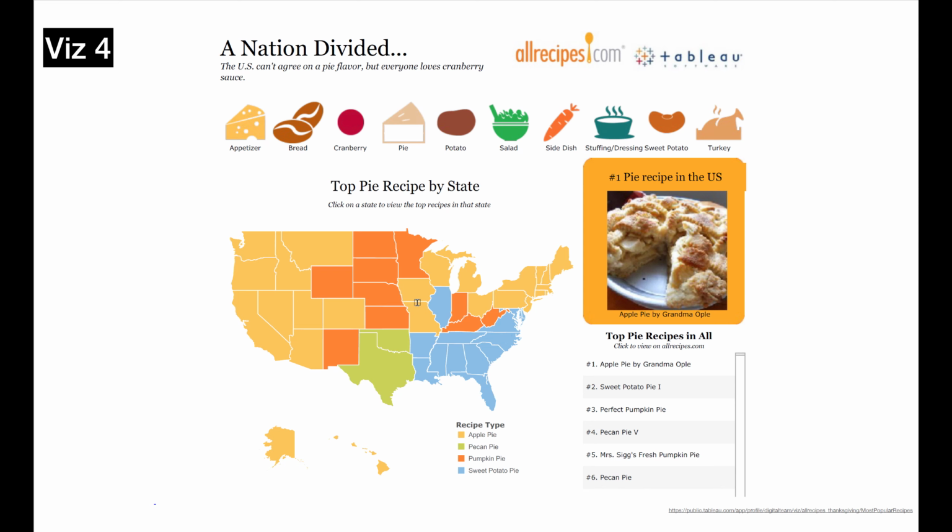Here we have yet another representation of the top pie recipe by state. This time the states are approximately accurately drawn. Some of the sizes here look a little off, I think because of the states being artificially wider at the top than at the bottom due to the ascending latitude.